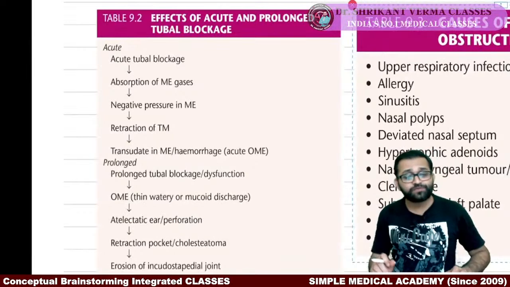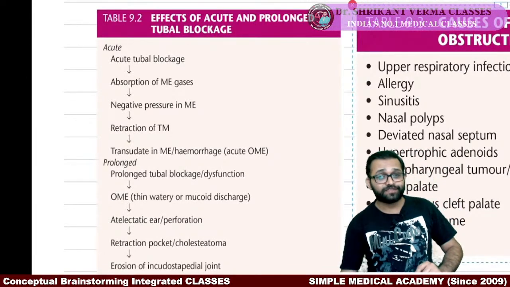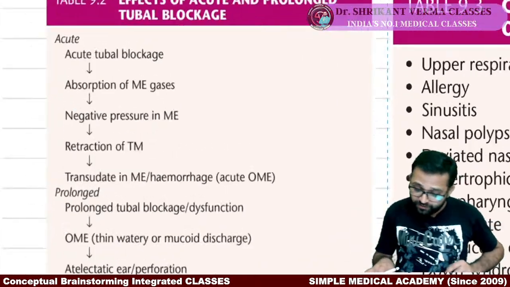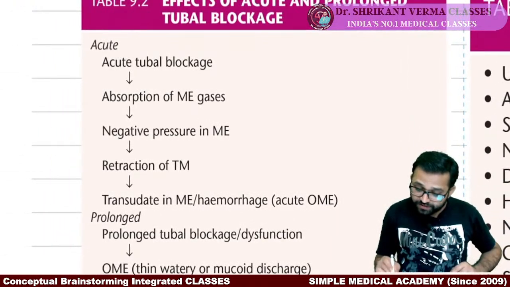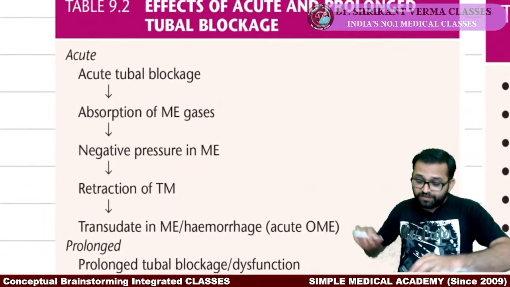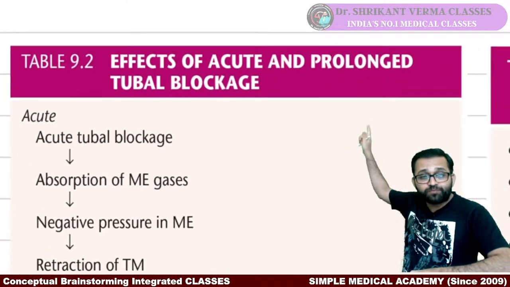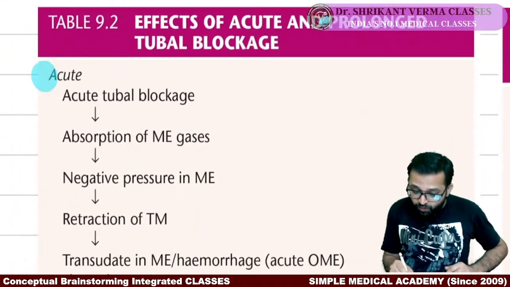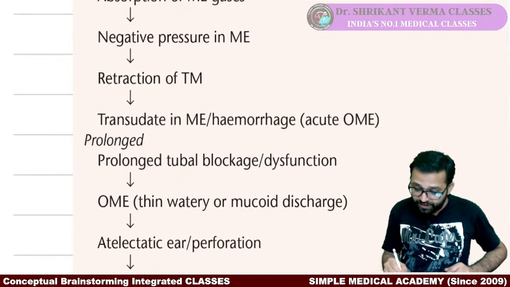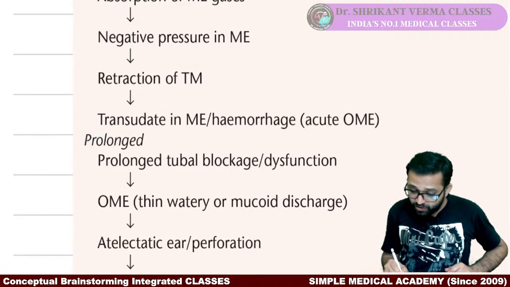So we are including two tables from our standard textbook, Dhingra sir textbook. Can you see one beautiful flow chart? That is the effect of acute and prolonged tubal blockage. So Eustachian tube block has two types, acute and chronic.